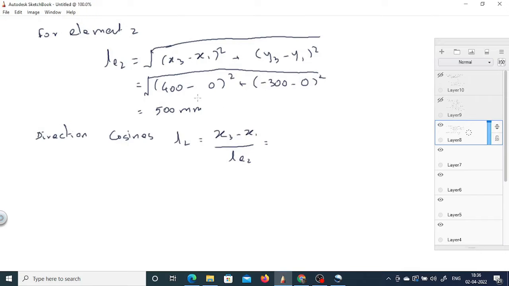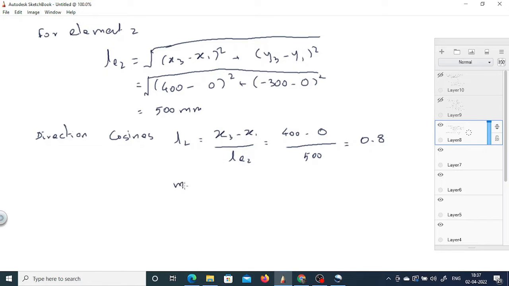Then Le2 we identified, which is 500. So 400 by 500. With the aid of a calculator, we can identify L2 is 0.8.